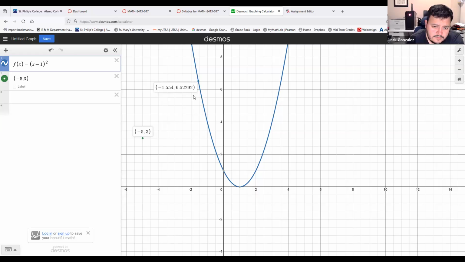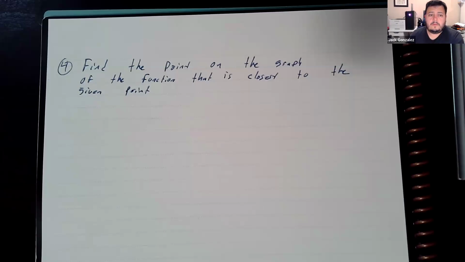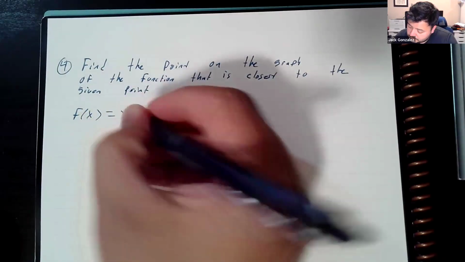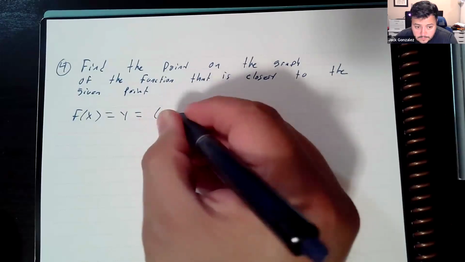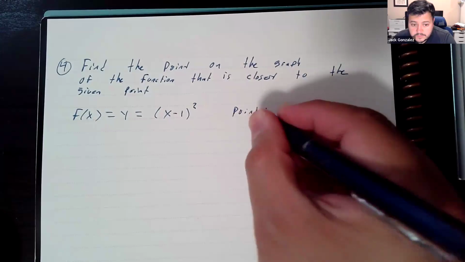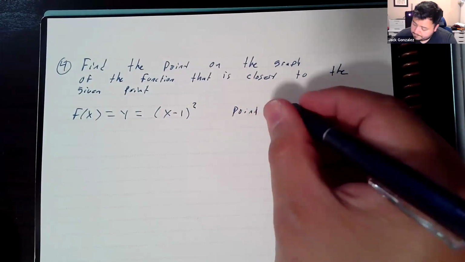So what point on this function is closest to that point? Okay, so that's the goal. That's the question. Let me write down the function and the point real quick. So f of x or y is equal to (x minus 1) squared. The point given is -5, comma 3.